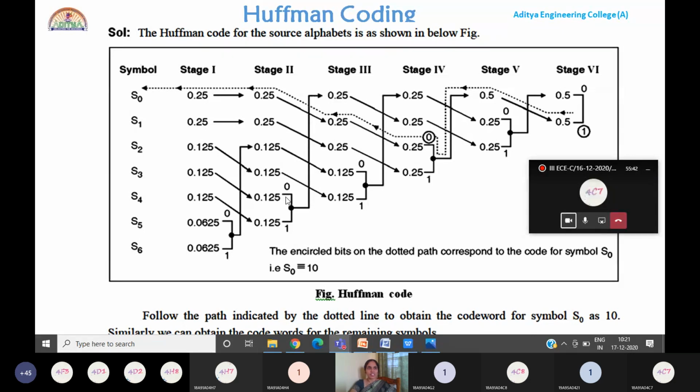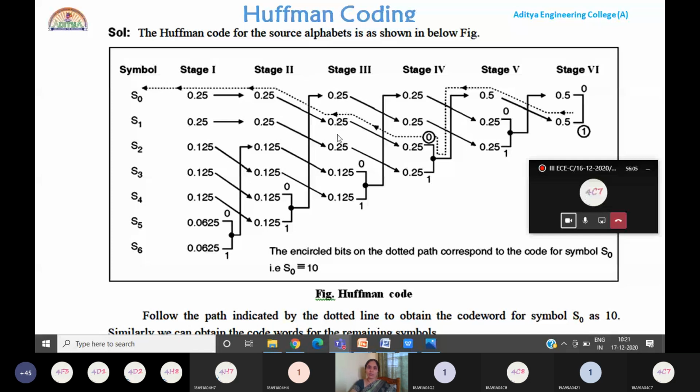Here we got 0.25. Already we have 0.25s in the table, but these old ones are kept down below the newly added combined value. That's why this is relocated to the first position. So please relocate in the order of decreasing probabilities.